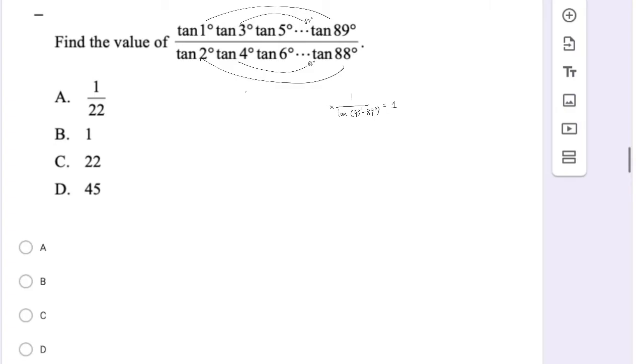So that is why if you look at the value gradually, you will know that you cannot cancel for this one. And for this one, all of them can be matched. So this one will be 1 at the end. This one will be tangent 45 degree. But what is the value of tangent 45? Tangent 45 is 1. Therefore, the answer will be B at the end.